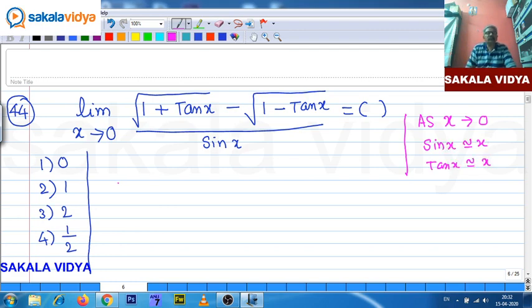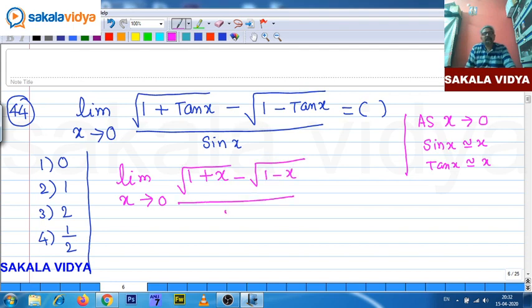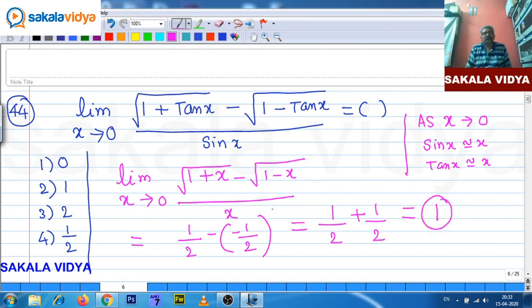Now the problem can be changed like this: limit x approaches 0, root of 1 plus x minus root of 1 minus x by x. Already we have done this problem. You can apply L'Hospital's rule, or otherwise this is 1 by 2 minus of minus 1 by 2, which will be plus, equals 1. So the second option is the right option.